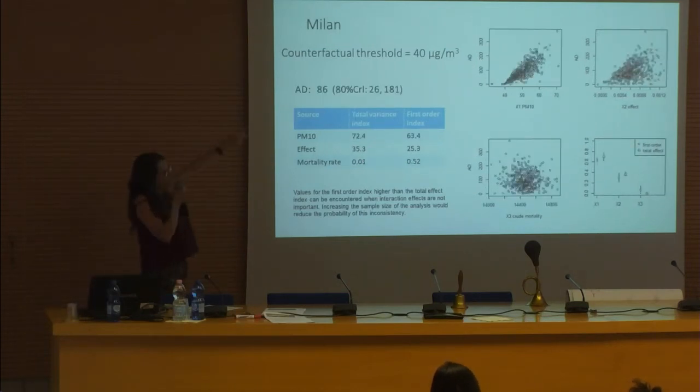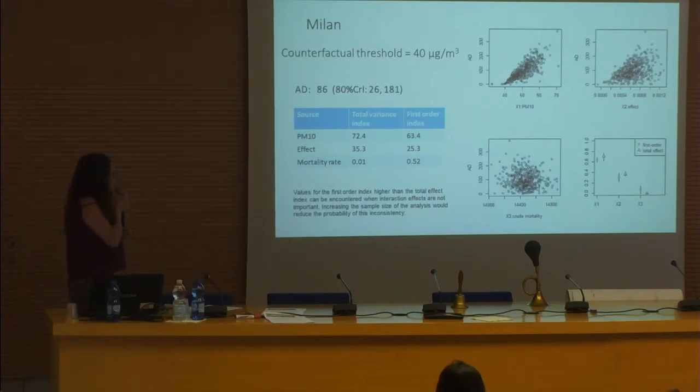These are the results for the second counterfactual scenario. In this case, we can see that the most important input is PM10, and the effect is not so important. So something changed.